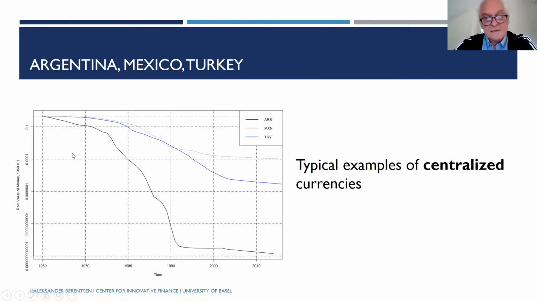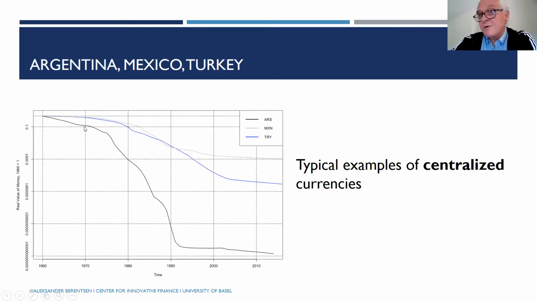Basically what this graph tells you is the real value of money, what you can buy with 1 unit of money, normalized to 1 in 1960. The idea is that in 1960, with 1 peso, you could buy 1 unit of a basket of goods, and now you can see how rapidly these currencies devalue.